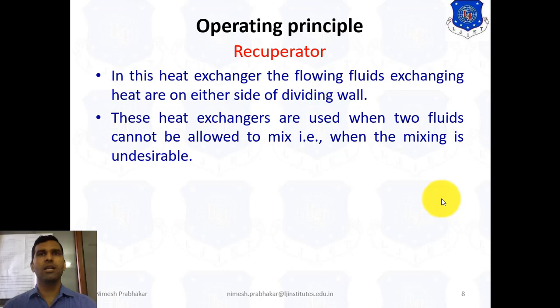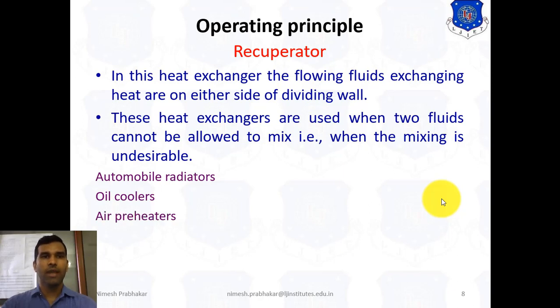Like in a chemical plant, there are a number of chemicals. If these two chemicals are mixed, then it is hazardous. So for this we use this type of heat exchanger. Examples of this type are the automobile radiator or the oil cooler, and the air preheater.